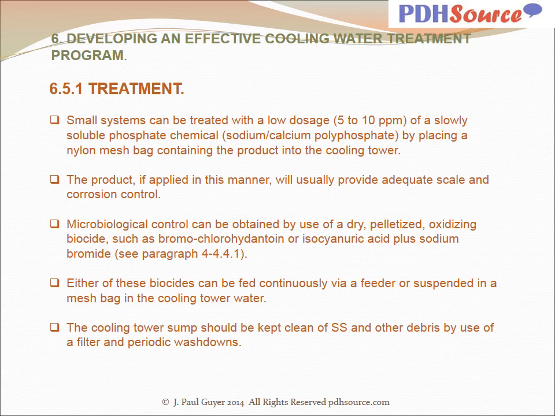Microbiological control can be obtained by use of a dry pelletized oxidizing biocide. Either of these biocides can be fed continuously via a feeder or suspended in a mesh bag in the cooling tower water. The cooling tower sump should be kept clean of suspended solids and other debris by use of a filter and periodic washdowns.